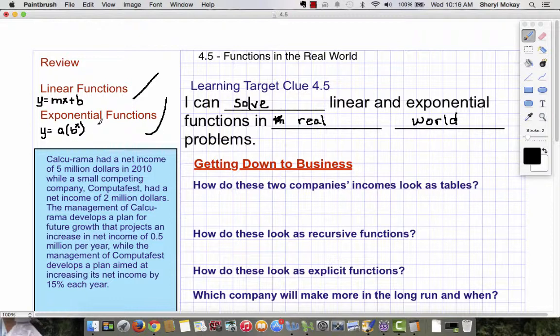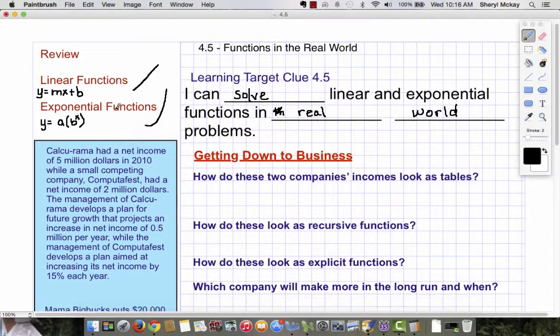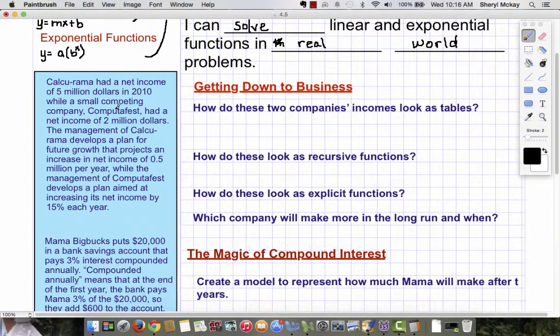So when we look at the first term and we want to get to the next term, we multiply it by the change factor, whereas in linear functions, we just add or subtract. This change factor causes exponential functions to grow not at a steady rate, but at a rapid rate, okay? So that's just a quick review, and let's go ahead and get down to business.